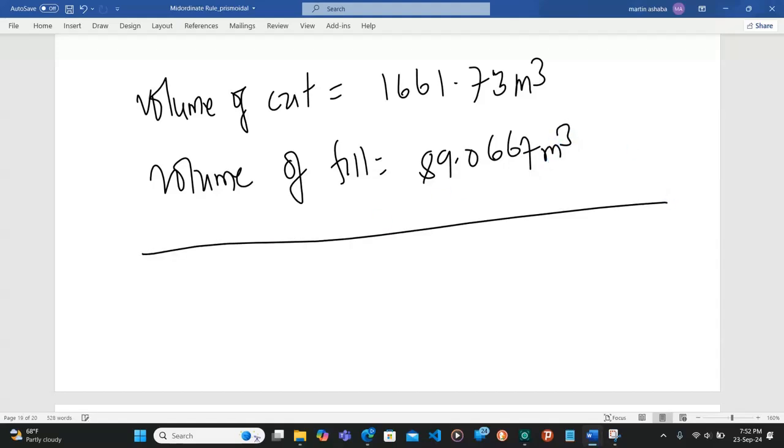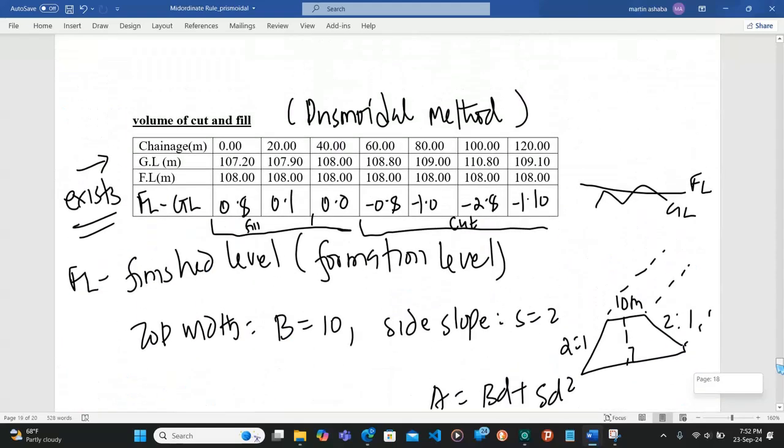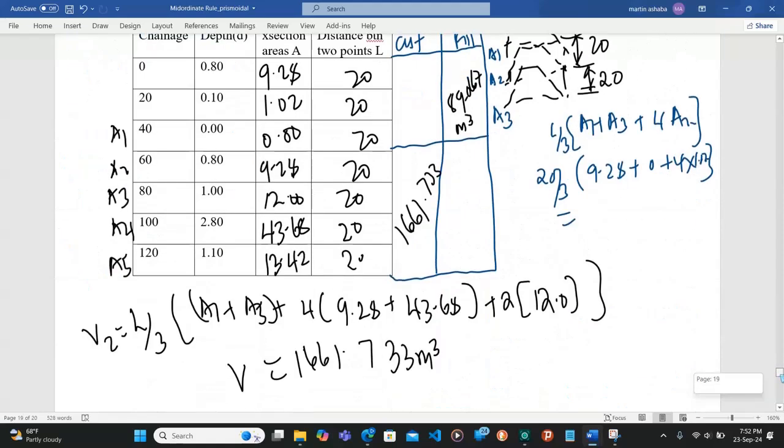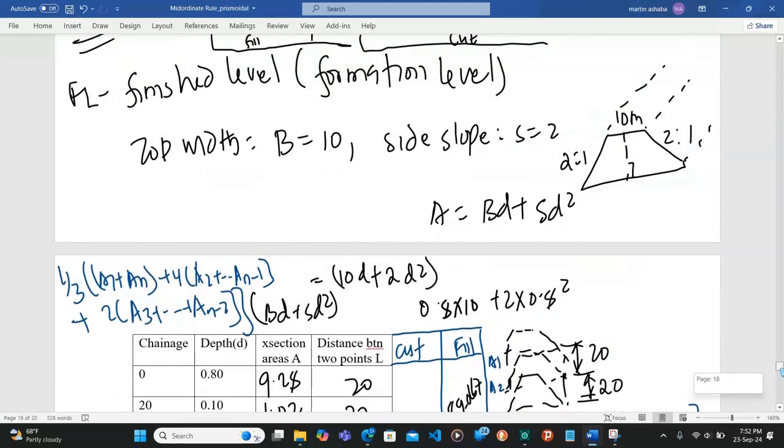Then we will have solved the problem, because we are told to calculate the volume of cut and fill. Given those changes, we are provided with the ground level, we are provided with the finish levels, and then we are provided with the slope of the embankment that we are looking at and the top width of the same.